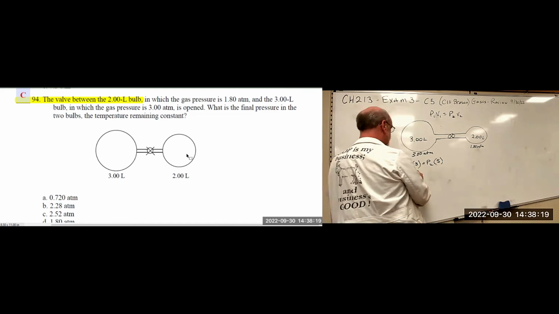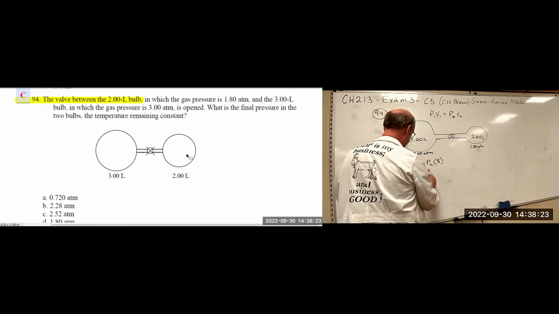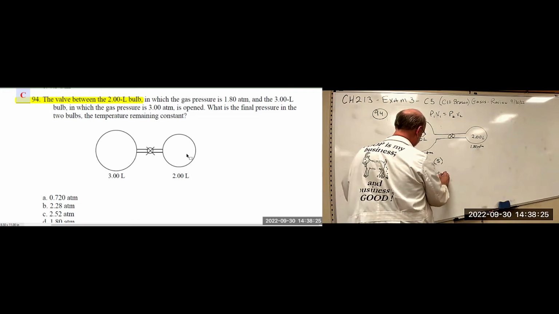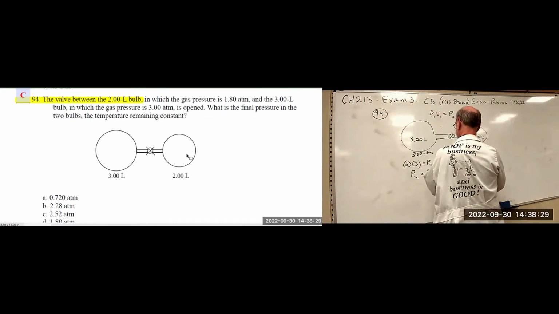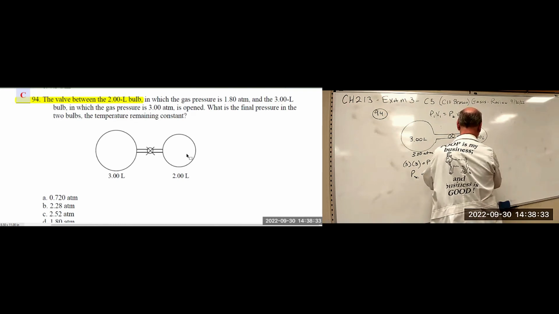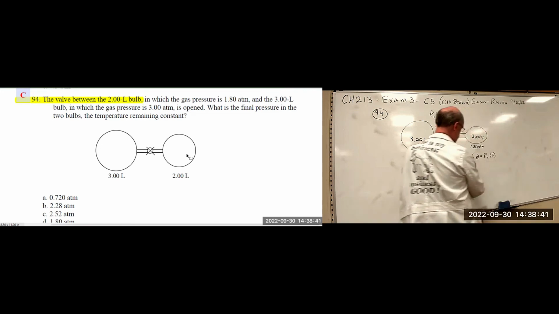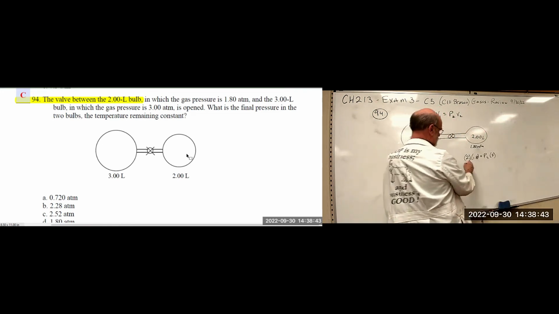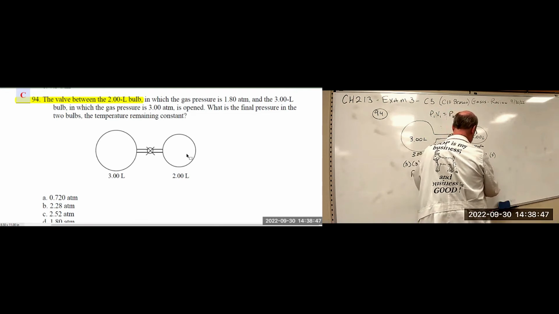Now 9 divided by 5 is P2, in atmospheres. On this side, we've got 2 times 1.8 equals P2 times 5. So 3.6 divided by 5 equals P2.